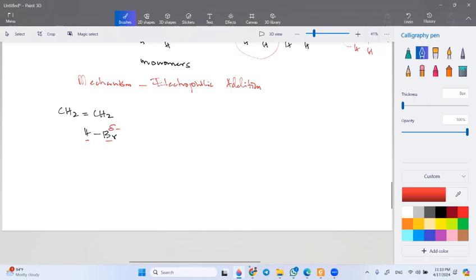So bromine gets a slightly negative charge, and hydrogen gets a slightly positive charge. Then this bond breaks towards bromine. The hydrogen hits the double bond, but we always put the arrow from the higher electron density, so we put the arrow towards hydrogen. The pi bond is rich in electrons.